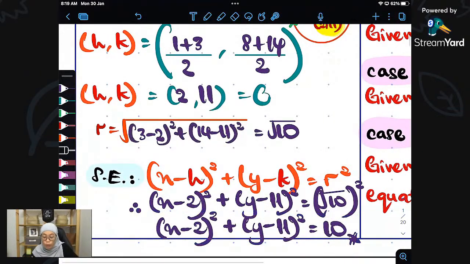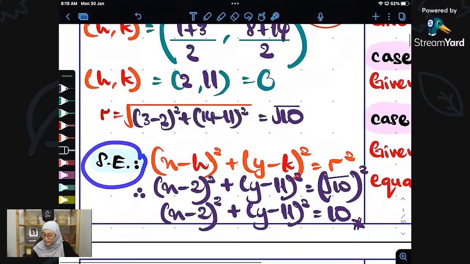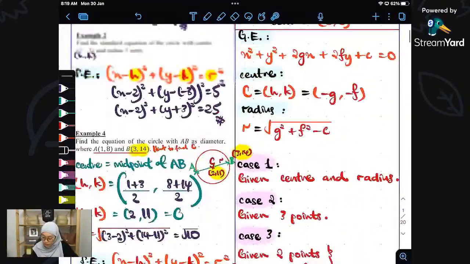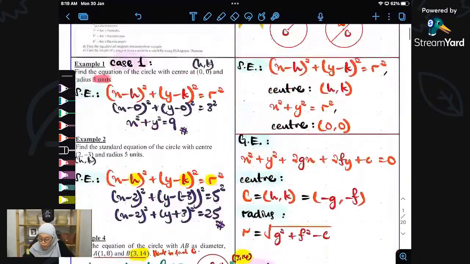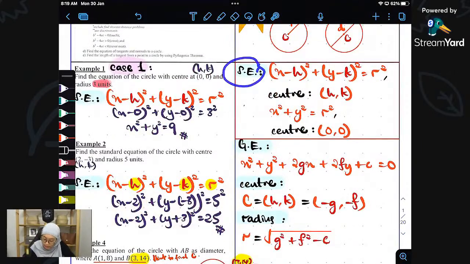Right, can we go to the next example? So far so good. Equation of circle, very simple, isn't it? So the standard equation is like this. So if you look at my notes, we have two equations. One is standard equation, one is general equation. So the standard equation actually has 3 terms.